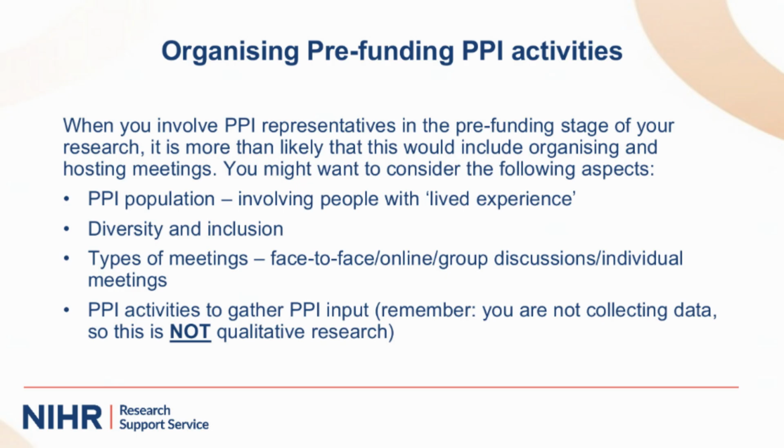Their insights are invaluable in shaping meaningful and practical research. You might also want to consider diversity and inclusion. Be intentional about involving people from diverse backgrounds. This helps ensure your research is inclusive and considers a wide range of experiences and needs.